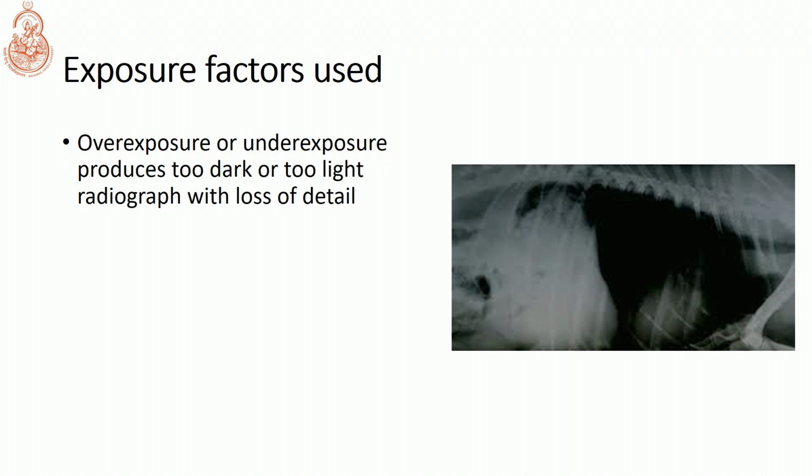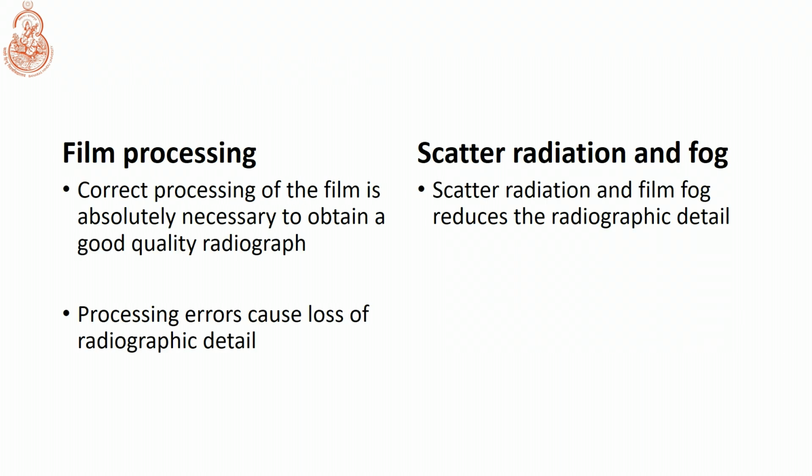So we have to fix these parameters, the exposure factors, optimum for that particular animal, for that particular area that is being radiographed. According to the thickness, it has to be decided and fixed.